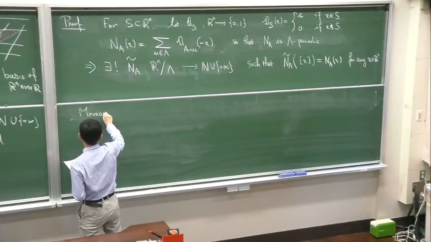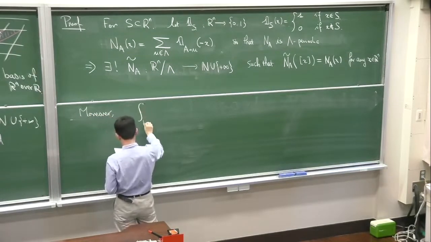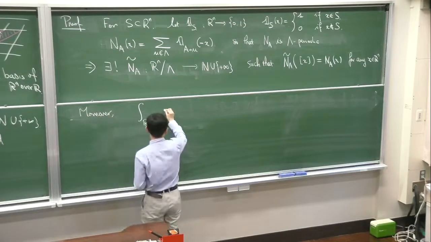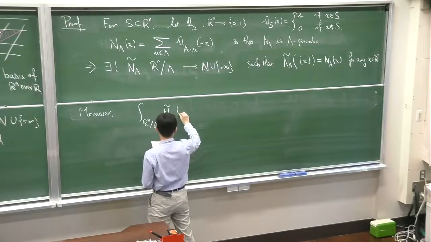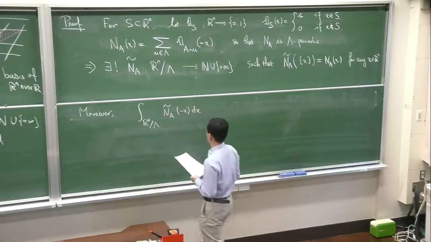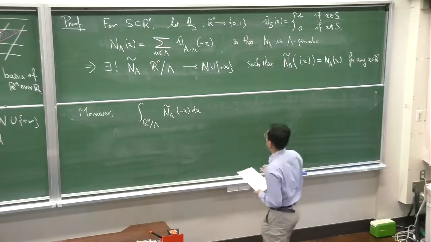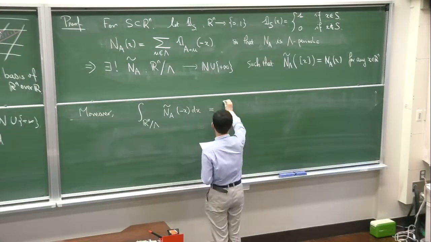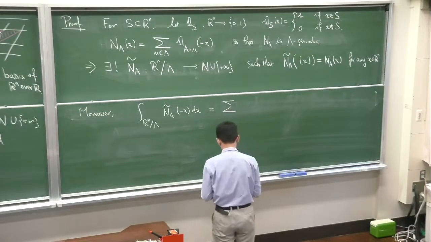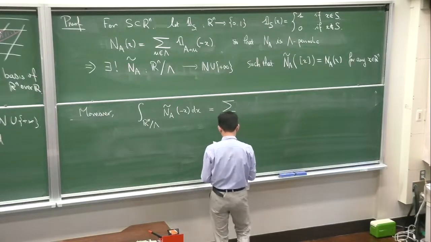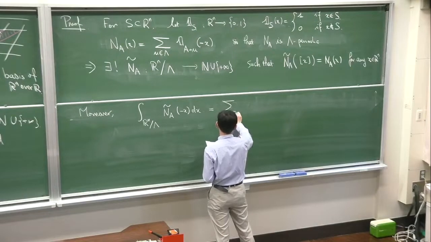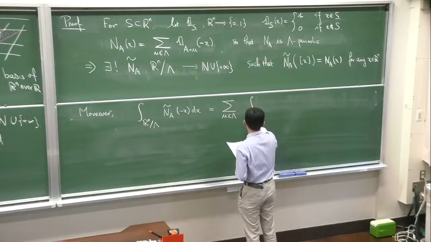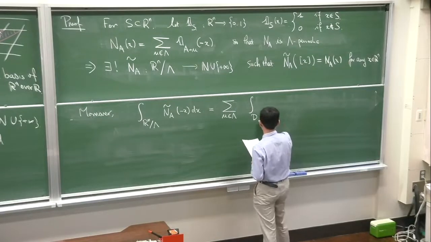If you integrate over R^n / Lambda this function, with some change of variables, you can find this as a sum, because here N_A is given by a sum.